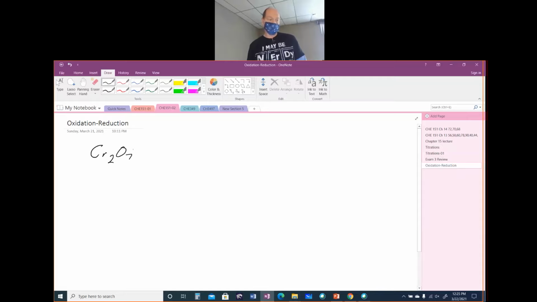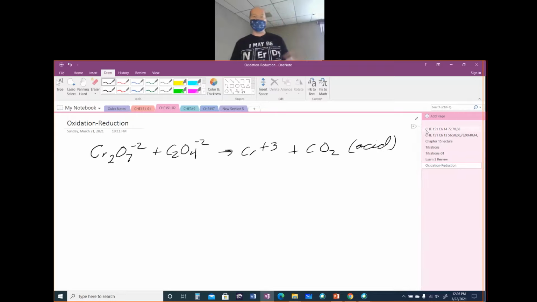Cr2O7 2- plus C2O4 2- yields Cr 3+ plus CO2. And this is in acid. Balance this oxidation reduction reaction using the half reaction method.